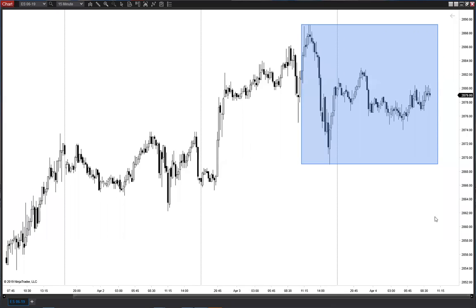Why worry about what's down here or up here until we resolve this range? And by extension, obviously the bounce high from this last low becomes the nearer battlefield that we want to look at.